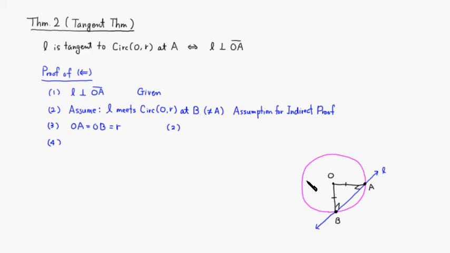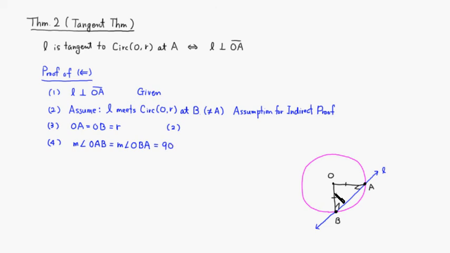So the measure of angle OAB is the same as the measure of angle OBA, which is 90.